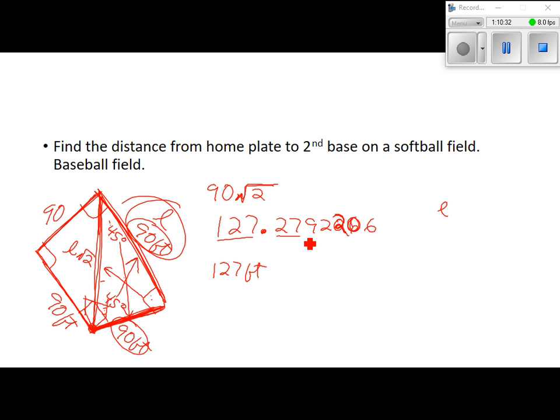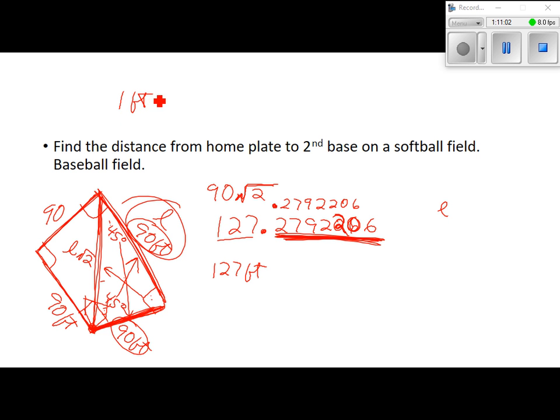What I can do with this part is use that to find the inches, and then we can keep going down in little bits to get as close as possible. The first thing I want you to do is on your calculator, take this number, 127.2792206, and times it by how many inches are there in a foot? 12.